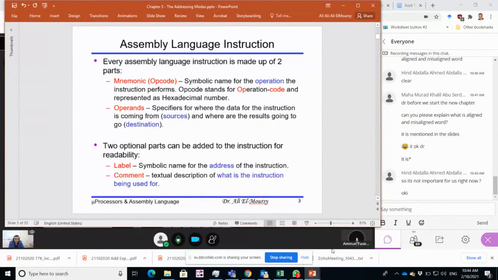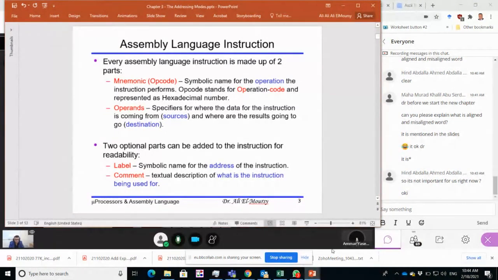We need to discriminate between two things of the instruction, something called the mnemonic and something called the opcode. Those are two analogous things, but they have different meanings. What is the mnemonic? Any instruction in assembly is basically made of two important parts.